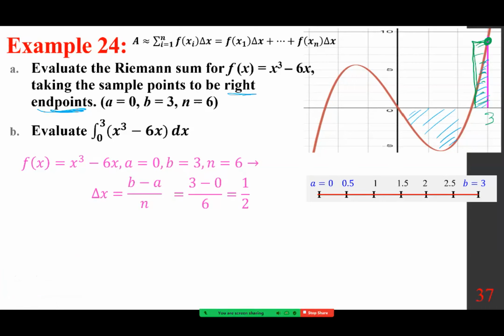And this one is 0.5. Is this one, and this is 1, for example. So on and so forth, okay? I just wanted you to see that.